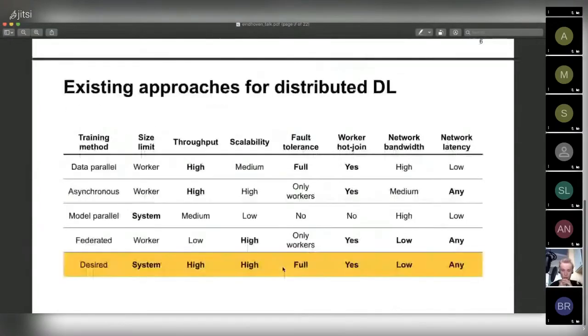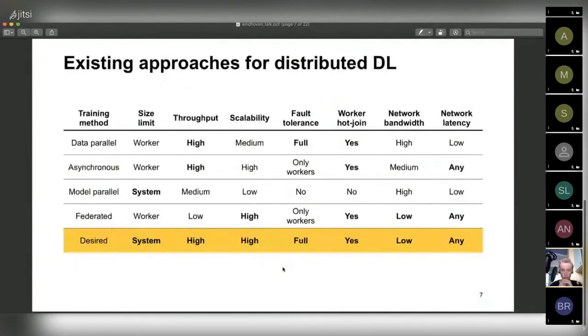And it appears that all existing approaches for distributed deep learning fail to satisfy these constraints. For instance, if you're running data parallel training, you are limited to only small models, which fit a single worker. If you're trying to do model parallel training like Megatron-LM, GPipe, and so on, you are not limited in the size of your model to a single worker, but you are drastically less fault tolerant, because even a failure in one of the nodes of the entire pipeline can jeopardize all of the training, basically.